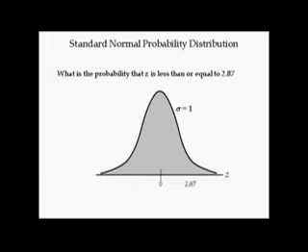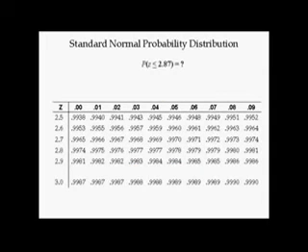What is the probability that z is less than or equal to 2.87? In notation, we write the probability that z is less than or equal to 2.87, which is the red area. To compute this, we go to row 2.8, column 07.